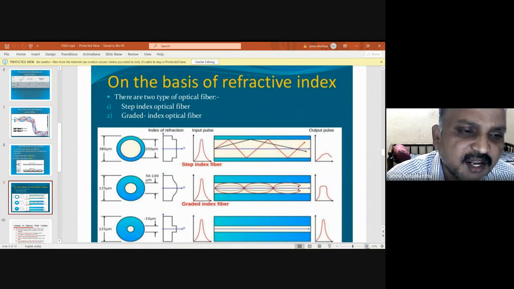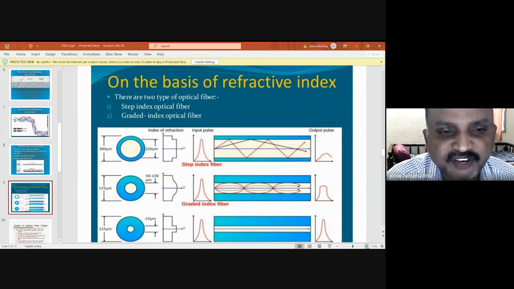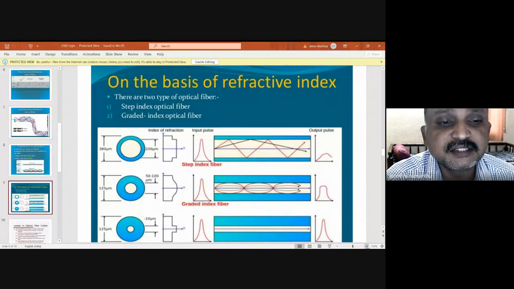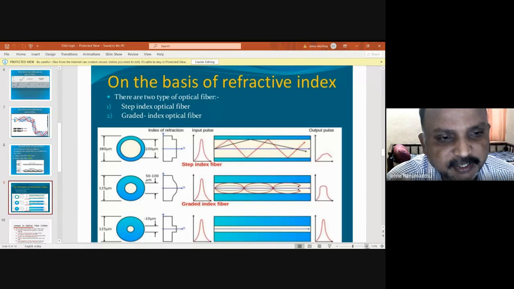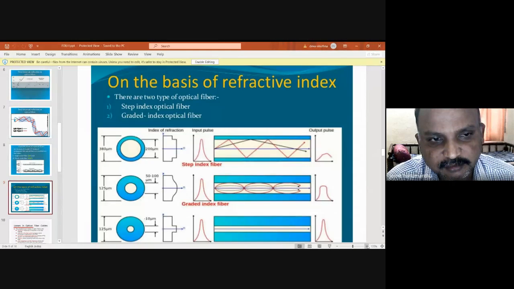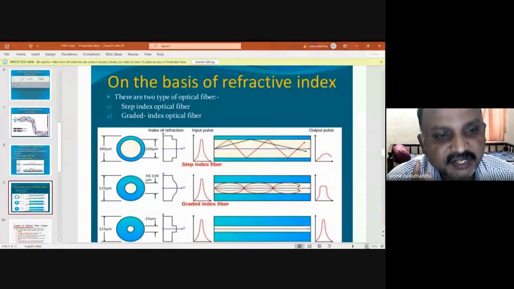Dear students, did you understand the meaning of total internal reflection? Your whole subject depends upon this basic principle. What is the meaning of total internal reflection?